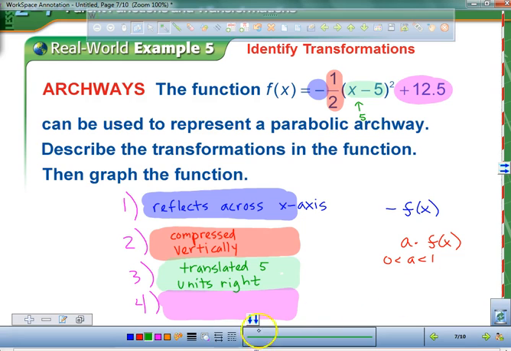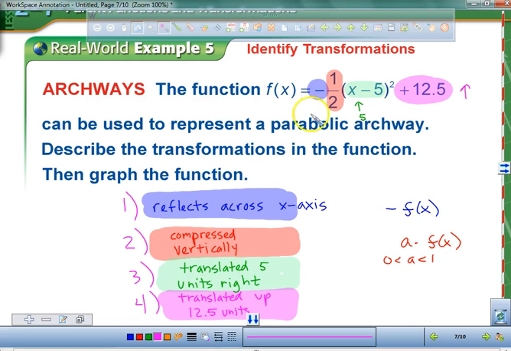Oh, I see what you meant. And last but not least, it's also translated which direction? It's translated up 12.5 units. It's going to go up 12.5 units. Okay?